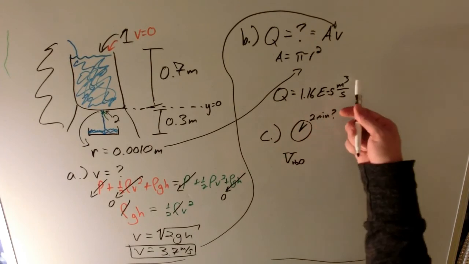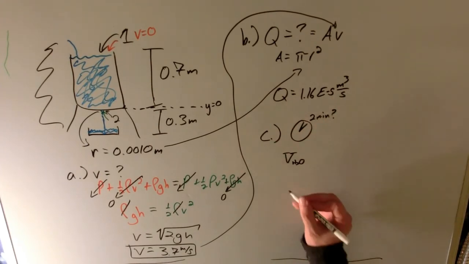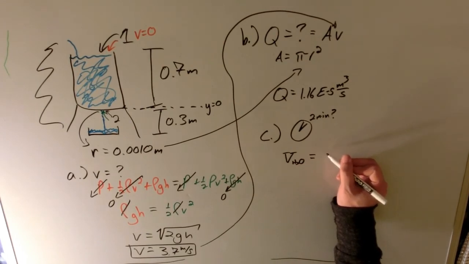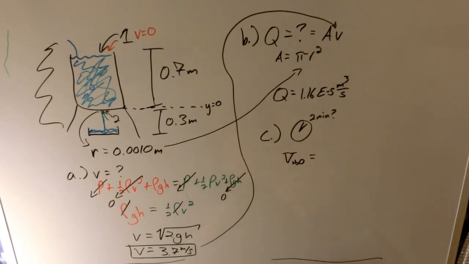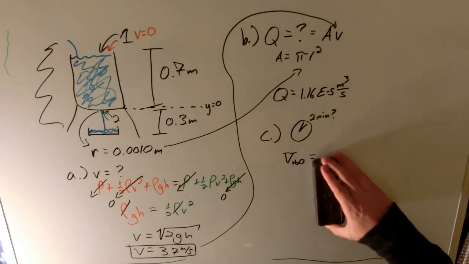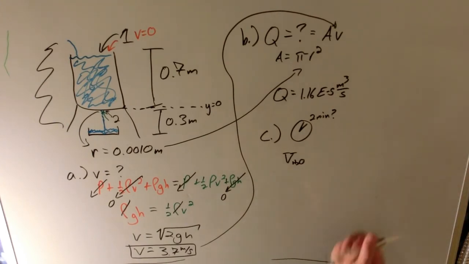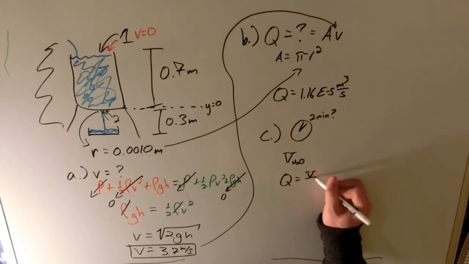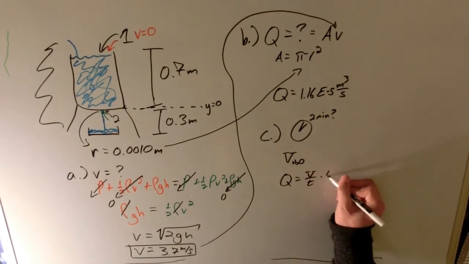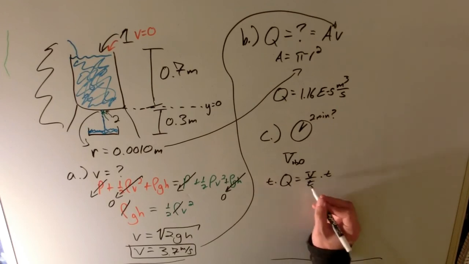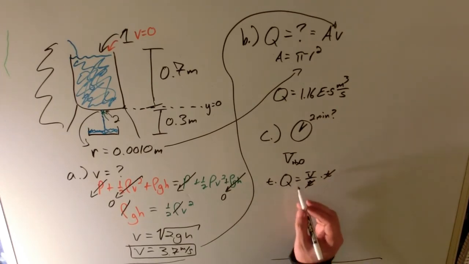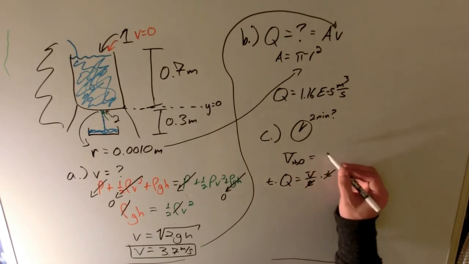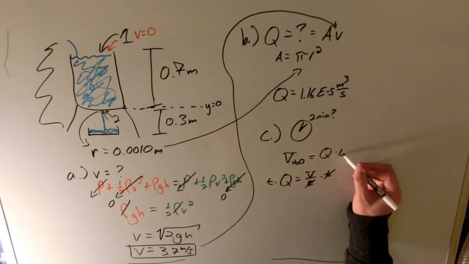We know how much volume is going in there for every second. Let me phrase this a different way. We have our flow rate, Q, which is nothing more than our volume per unit time, right? Well, if I multiply both sides by time, I can find my volume simply by taking my flow rate times the time.